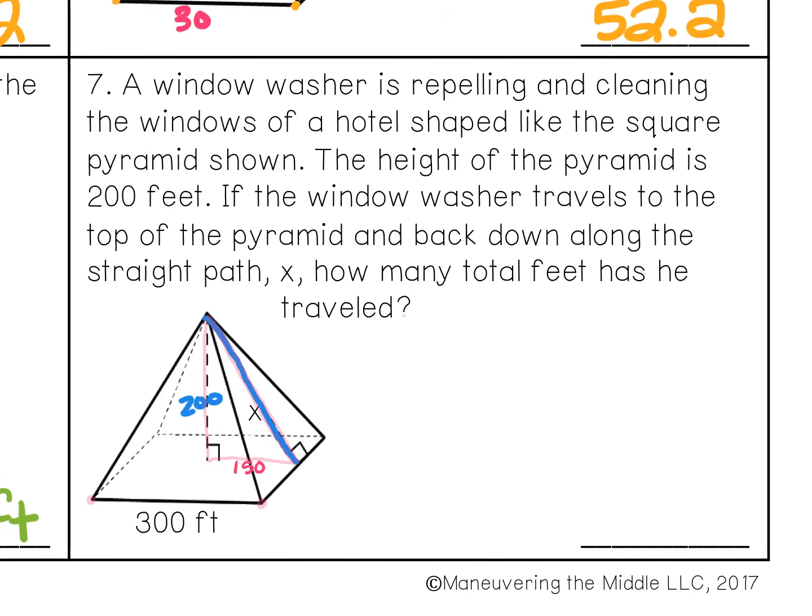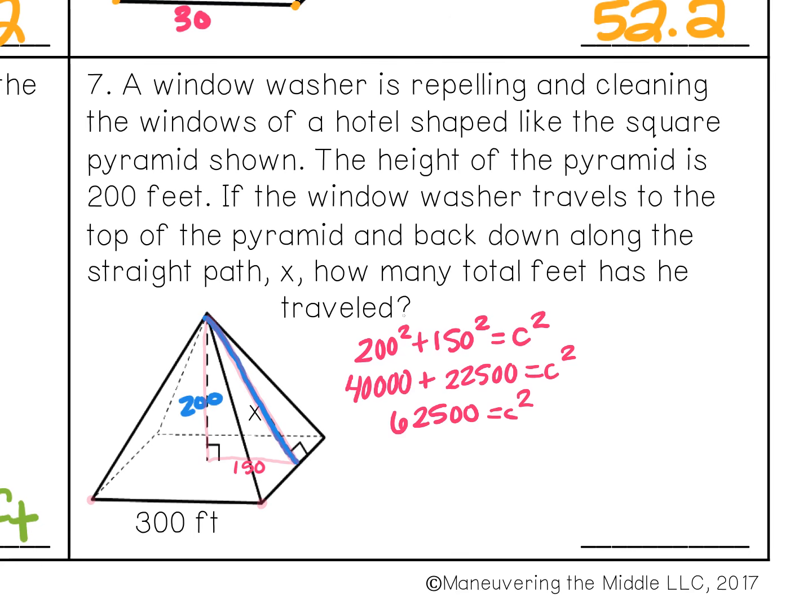So when I find that slant height or the hypotenuse, c squared, or in this case x squared, and take that square root, I get that the slant height is 250 feet.